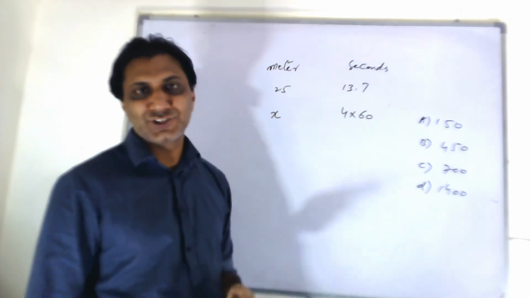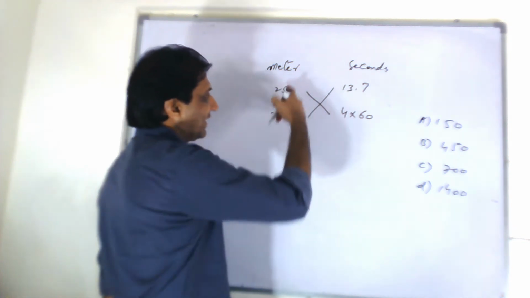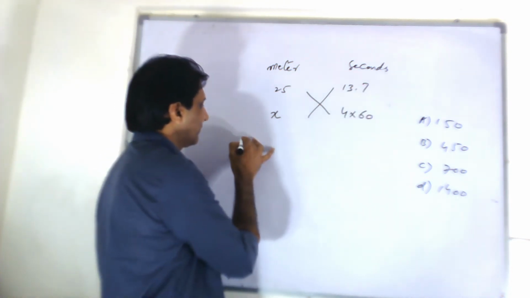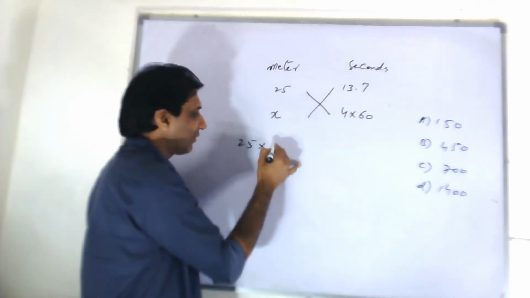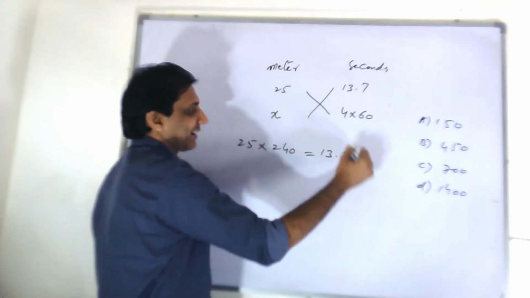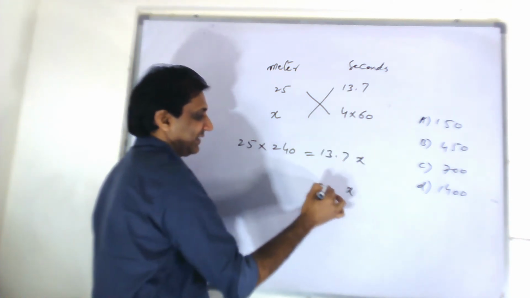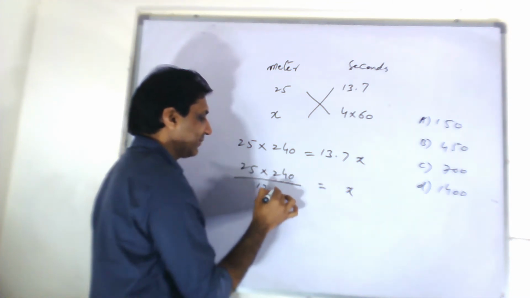It's a direct relationship, direct proportion. So you will multiply it like this. 25 times 240 is equal to 13.7 x. So x is 25 times 240 divided by 13.7.